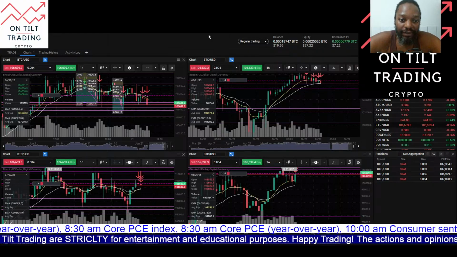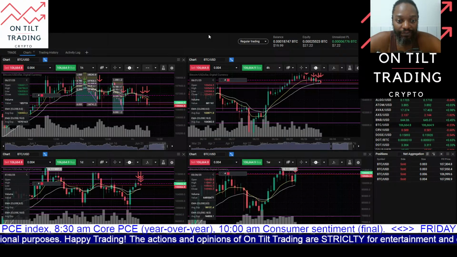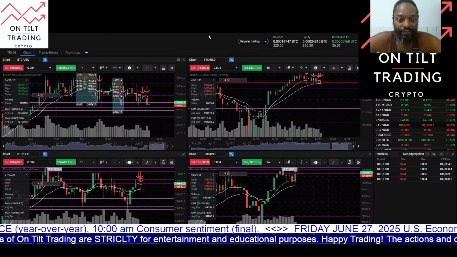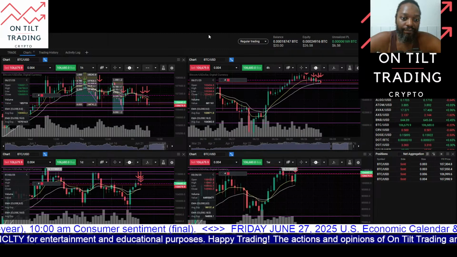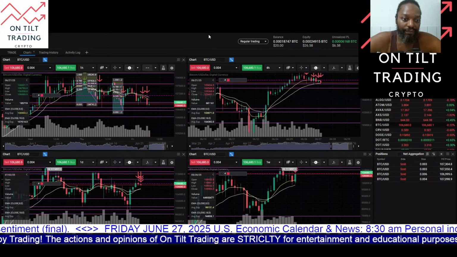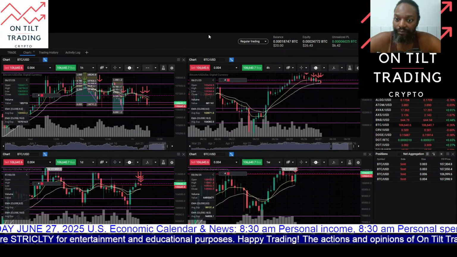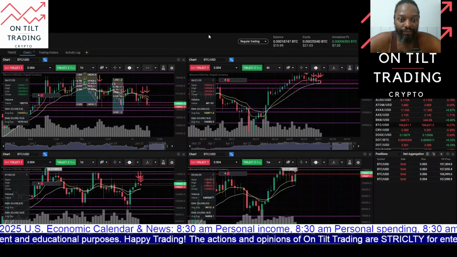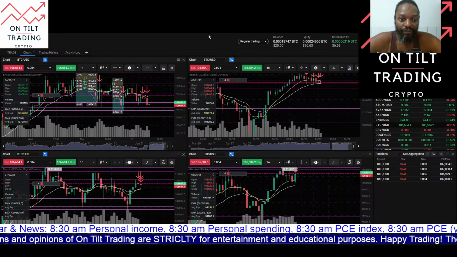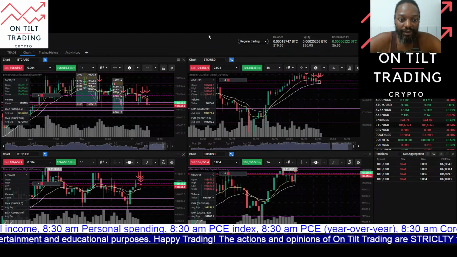Price now being delivered to the sell side and consolidating around the 106,650 level. Price consolidating here between 106,600 and 106,700.